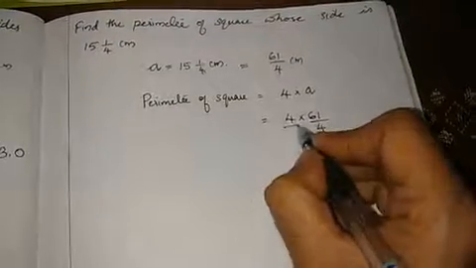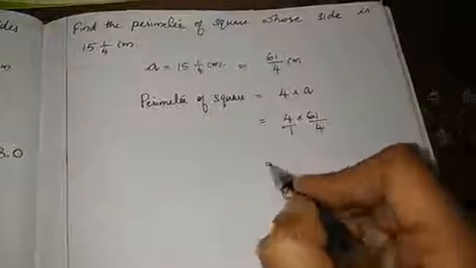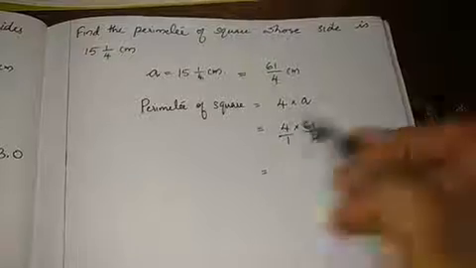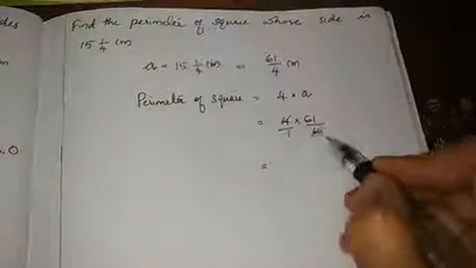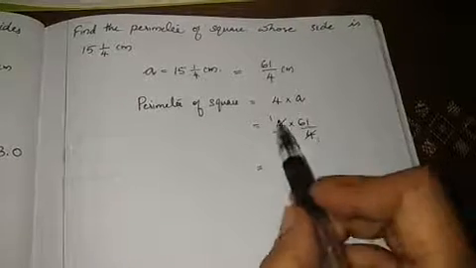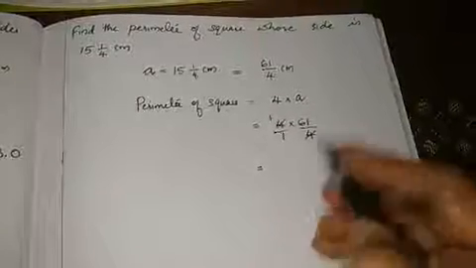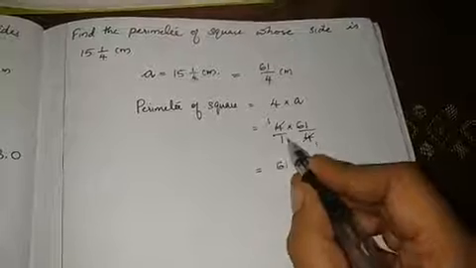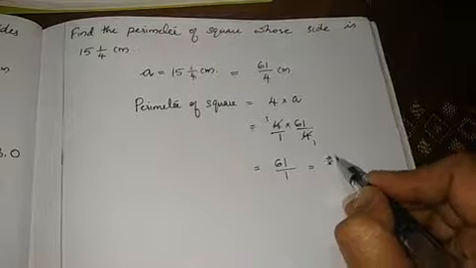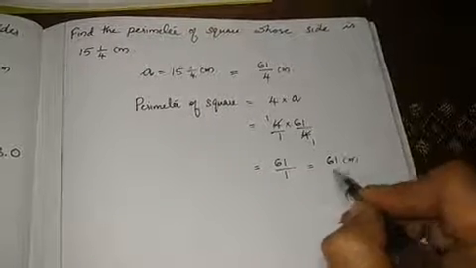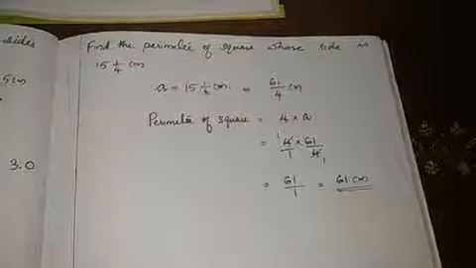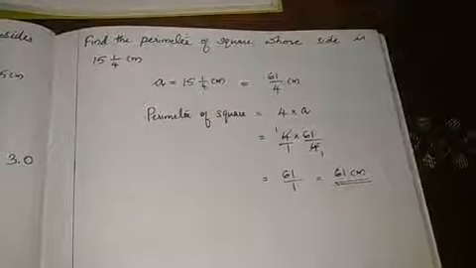So we can put 1. Then is there any cancellation possible? Yes, 4 and 4 you can cancel. In 4, 1, 4. Here also 1, 4. Now there is no number to cancel. 1 into 61, 61. 1 into 1, 1 only. So this we can write it as 61 centimeter. So the perimeter of the square is 61 centimeter.